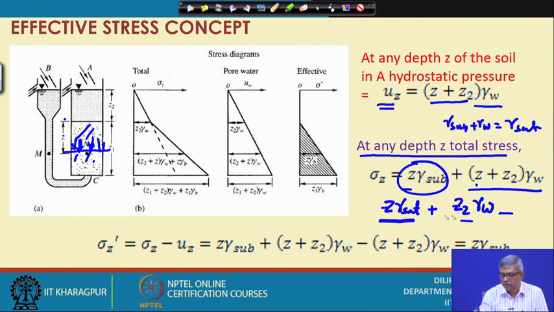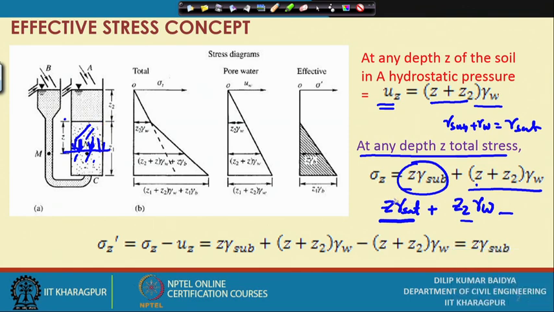So, if I take Z into gamma sat for this portion, the saturated depth of the soil, water is already included. Because of that I am not considering water separately here, only the water depth Z 2 into gamma W. It can be done either this way or that way. If I do this, gamma submerged will be used, if I use this, gamma saturated will be used.